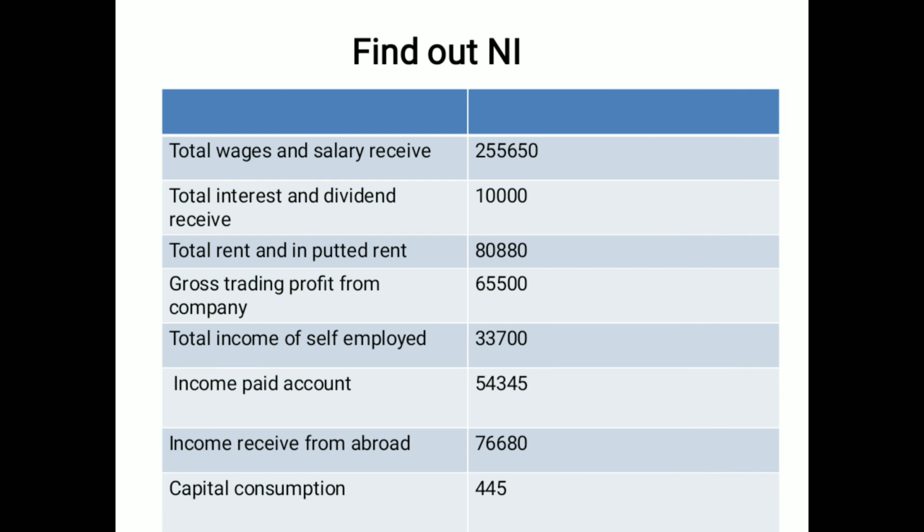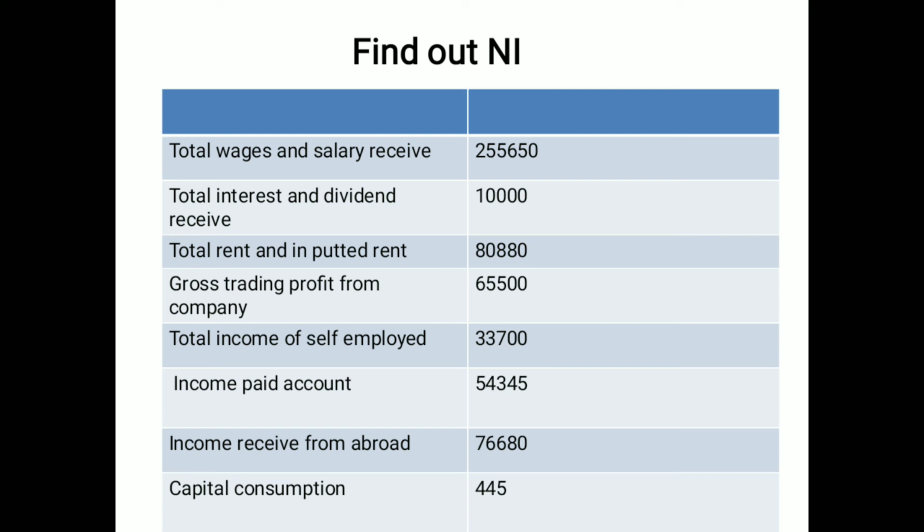To find out the national income, another example has been taken. Under this chart, the first point is total wages and salaries received, that is 25,05,650 rupees, and the total interest and dividend received is 10,000.